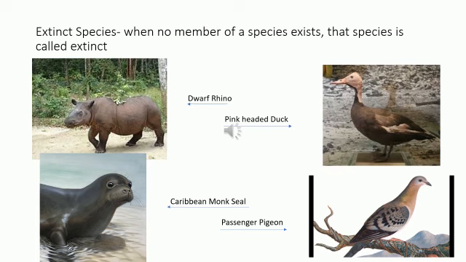For example, the dinosaur is no more living on the earth. Like that, the dodo bird, which is given in the textbook, and the passenger pigeon, Caribbean monk seal, dwarf rhino and pink-headed duck are some of the animals. So these are extinct from the earth.